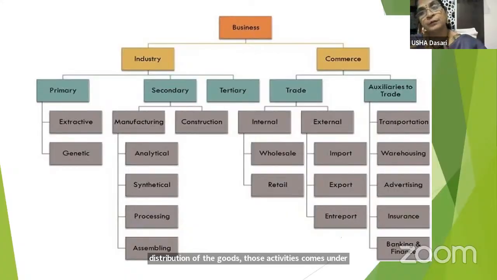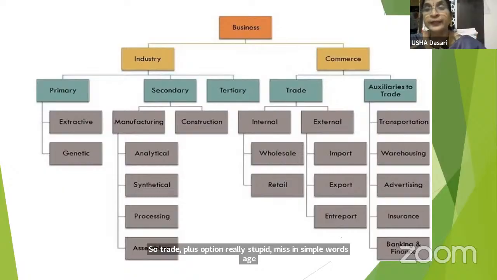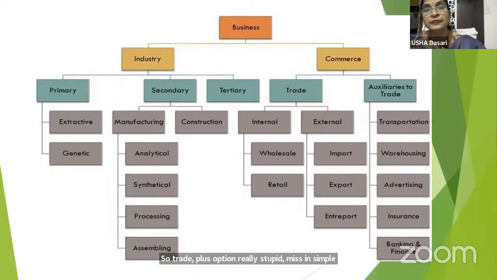Being a commerce student, you have to know what you mean by the word commerce. Trade plus auxiliaries to trade means, in simple words, aids to trade. Aid means help. So whatever activities are engaged in helping the trade are called auxiliaries. Commerce is a comprehensive term for all the forms of trade, internal as well as external.